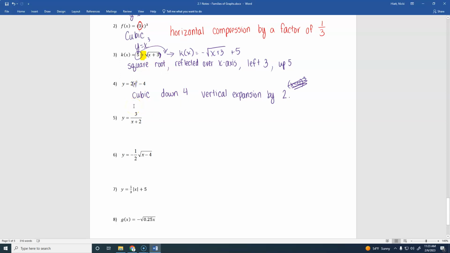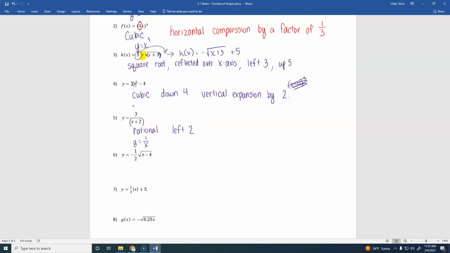Okay, 5 is tricky because this is rational, which means that you've got y equals 1 over x as your parent graph. So rationals do not have parentheses, but you could put parentheses in the denominator. So what is that plus 2 going to do to the graph? Left 2. What about that 3 on the top?